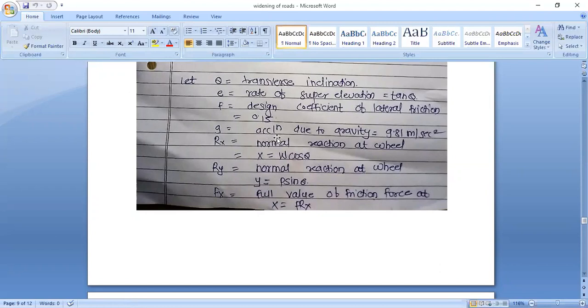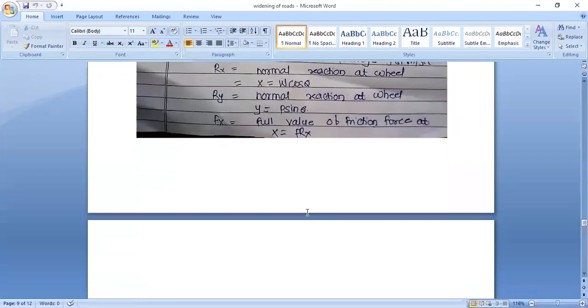Then g is equal to acceleration due to gravity is equal to 9.81 meter per second square. Then Rx and Ry are normal reactions at the wheel, and Fx and Fy are the friction forces.